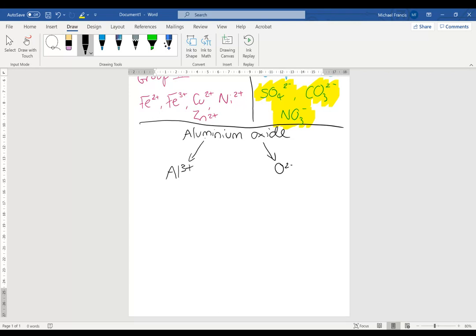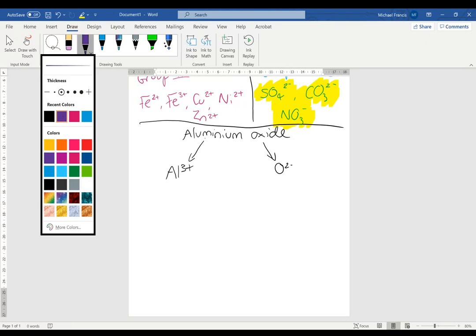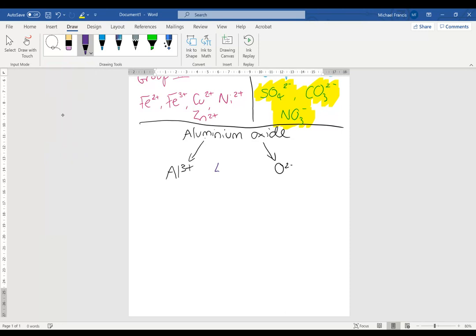That still doesn't balance and add up to 0. So if you get into this situation, you need to look for the lowest common multiple. And in this case, the lowest common multiple between 3 and 2 is 6. So I need to make the aluminiums add up to +6 and the oxygens add up to -6. The way to do that is times my aluminium by 2 and times my oxygen by 3. So I will have Al2O3, and that will be my formula.